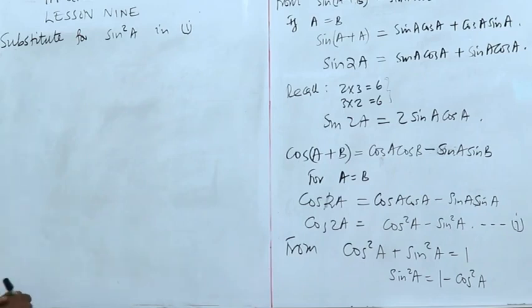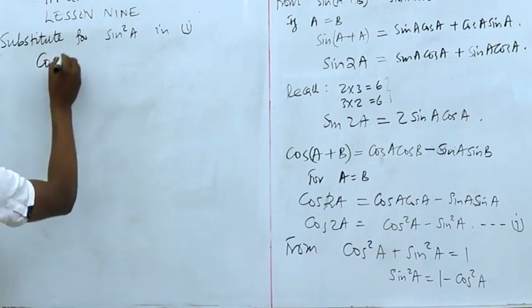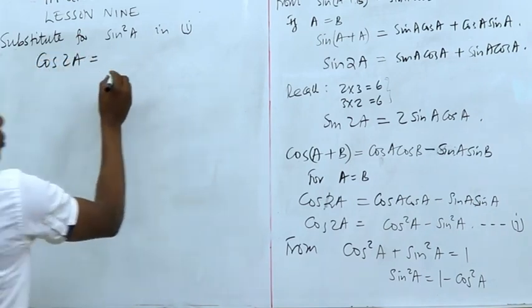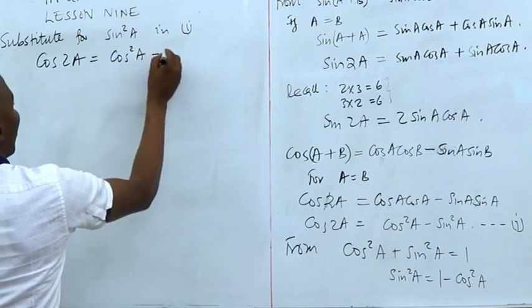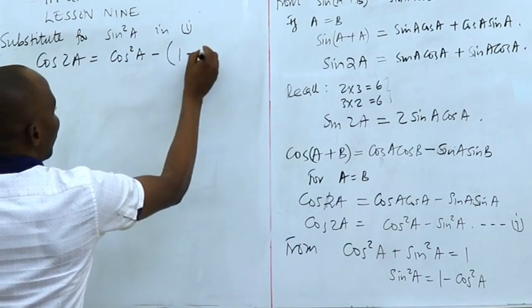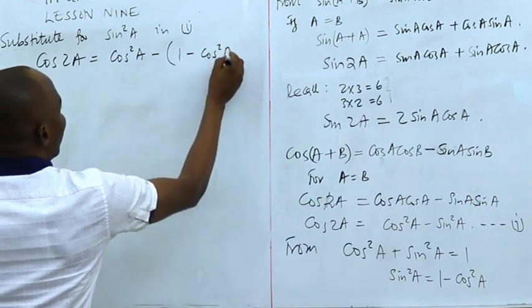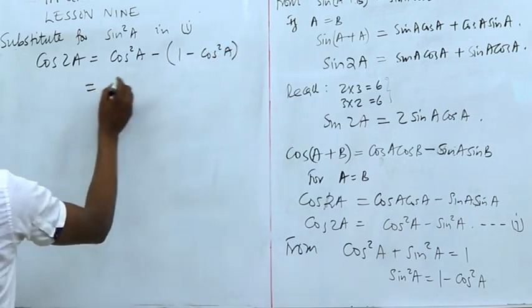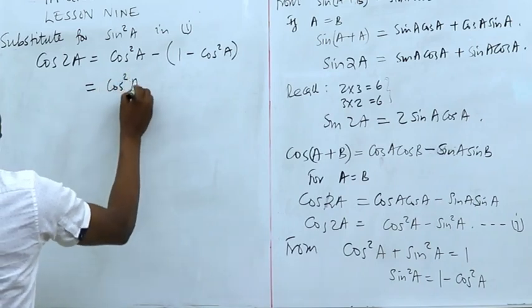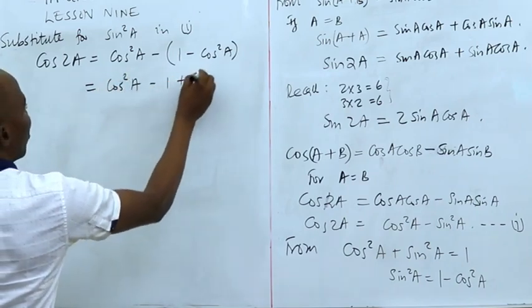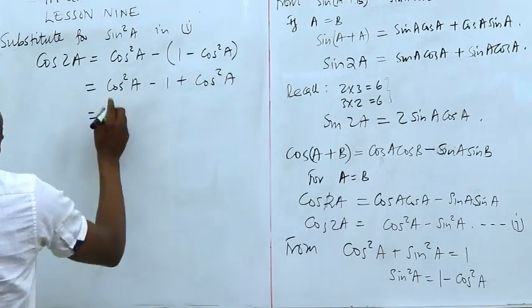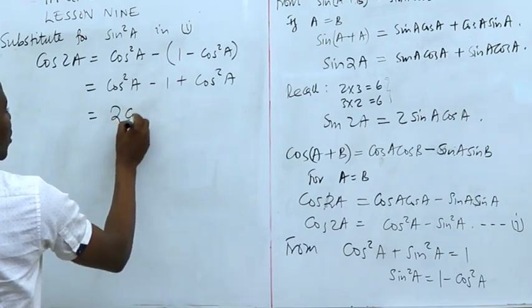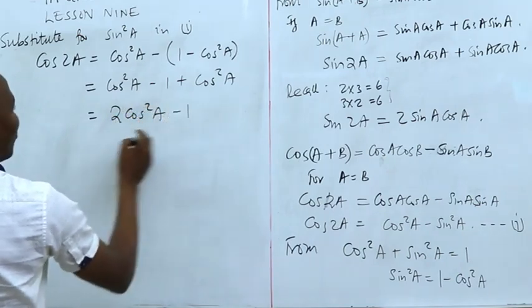If you substitute for sine squared A in equation 1, you'll have cos of 2A is equal to cos squared A minus, 1 minus cos squared A. So we have cos squared A minus 1 plus cos squared A, which is this with this, when you combine them, you get 2 cos squared A minus 1.